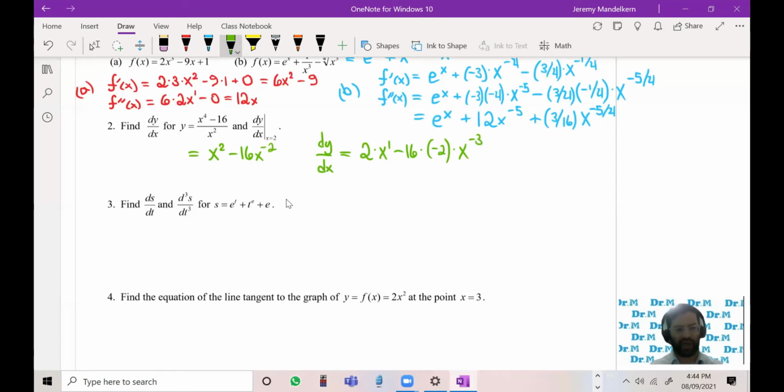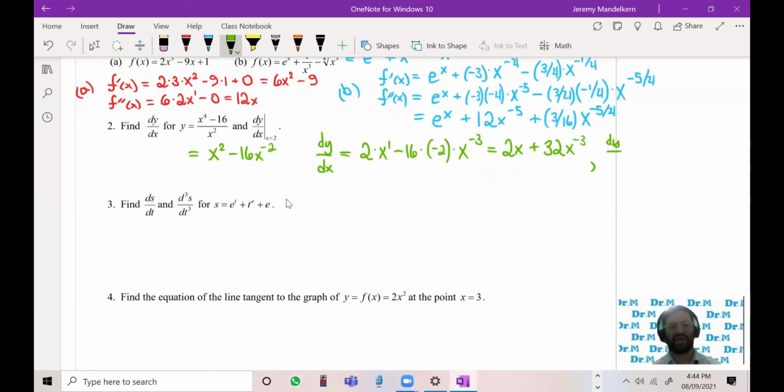Okay, we can go ahead and simplify this a little bit. So this dy/dx is equal to 2x, and it looks like we have a plus 32 constant times x to the minus 3. Okay, next we'll go ahead and write dy/dx evaluated at x is equal to 2.